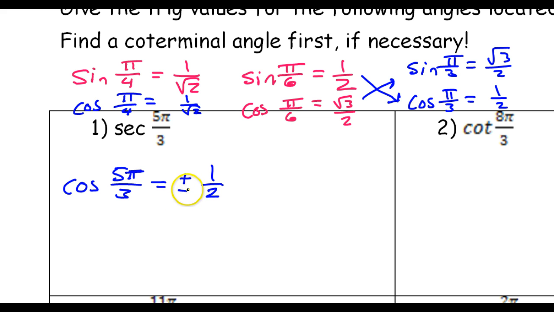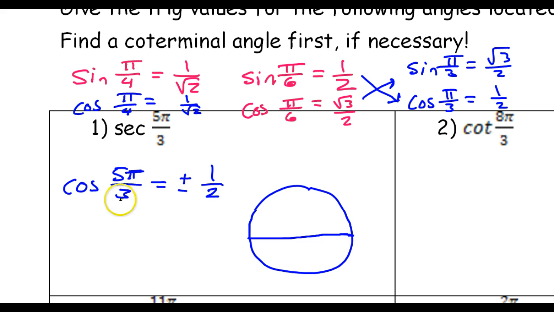The way you figure out whether it's positive or negative is you draw a quick unit circle. Okay? Now we're dealing in pi over 3's. So if I were you, I would just divide our unit circle up so that we have pi over 3's. Okay? Remember that a semicircle, 180 degrees, that's pi.